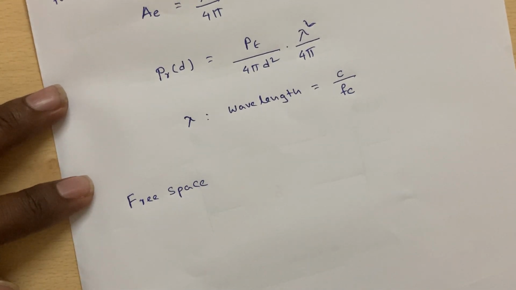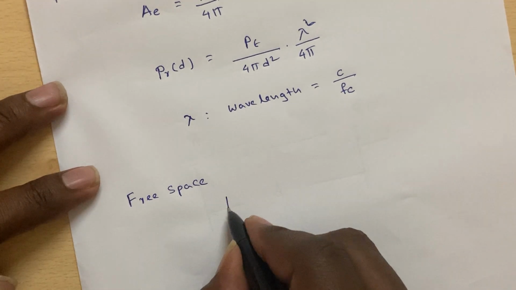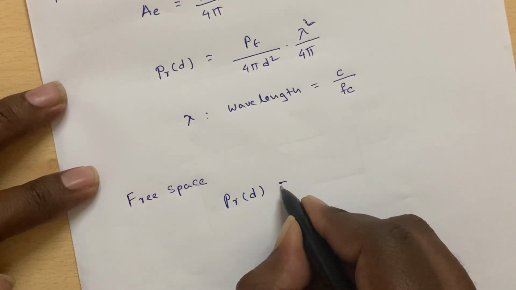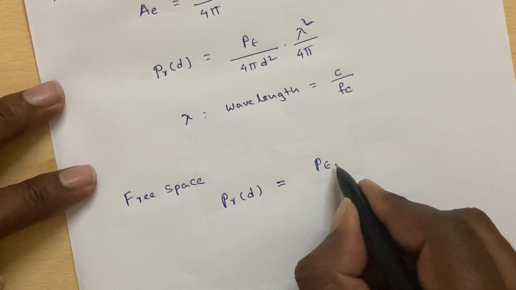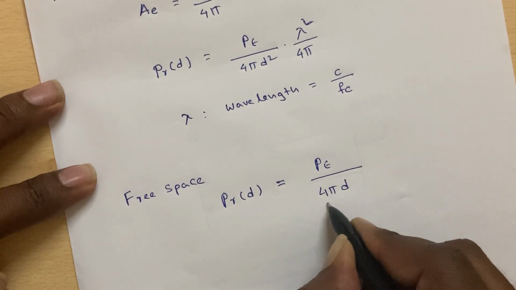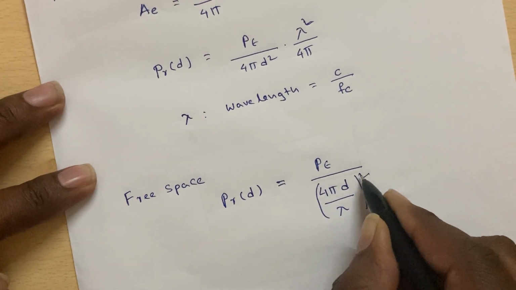For free space, the received power PR of D, where D is the separation distance, is equal to PT divided by (4 pi d by lambda) whole square.